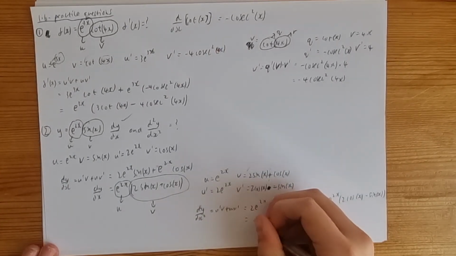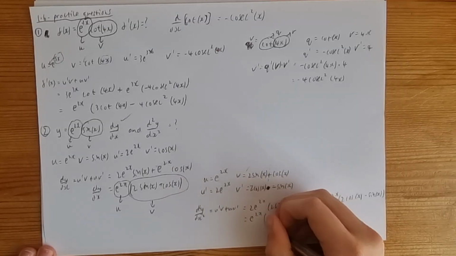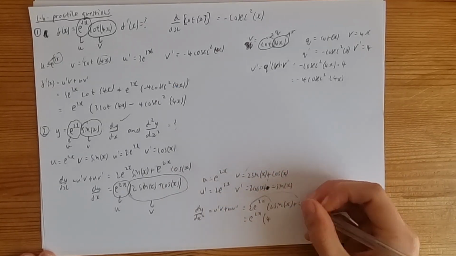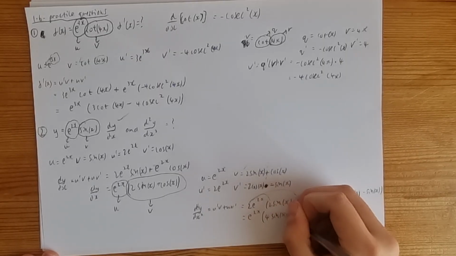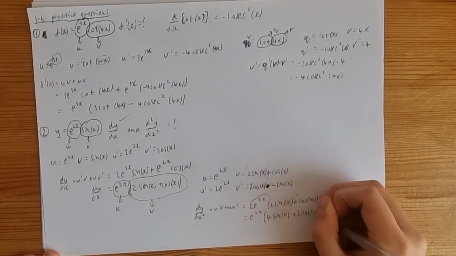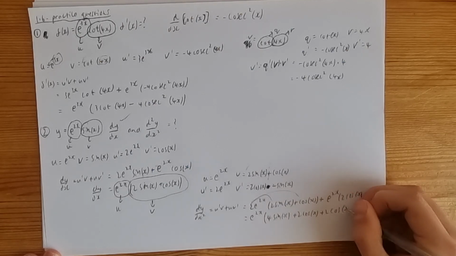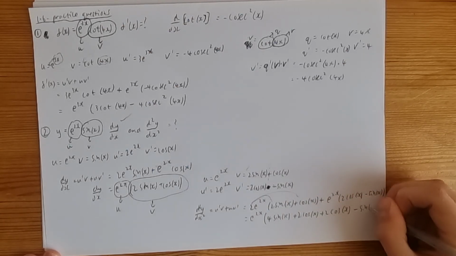Then we can factorize e to the 2x times, now the 2 is going here, so 4 sine x plus 2 cos x plus 2 cos x minus sine of x.